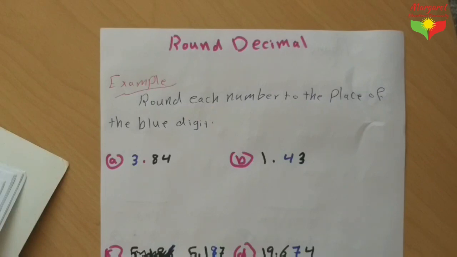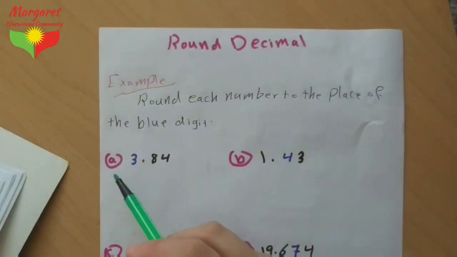If the digit is 5 or more, the digit in the rounding place is increasing by 1.